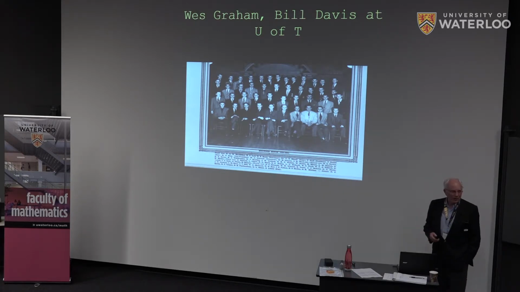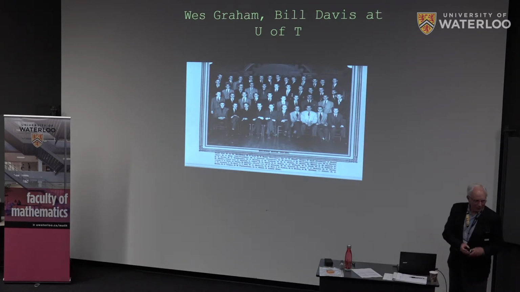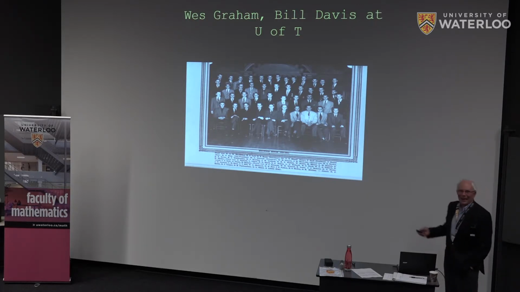Sorry. Wes is the middle of the back, because of his height. That's what I thought too. And Bill Davis is somewhere closer to the front because of his lack of height. Do you want to take the pointer and point it? No, I'm just reading first row, second row. I see Davis's name right there. Yeah. I tried today several times on my laptop, and I could not do it. And I didn't have the original.